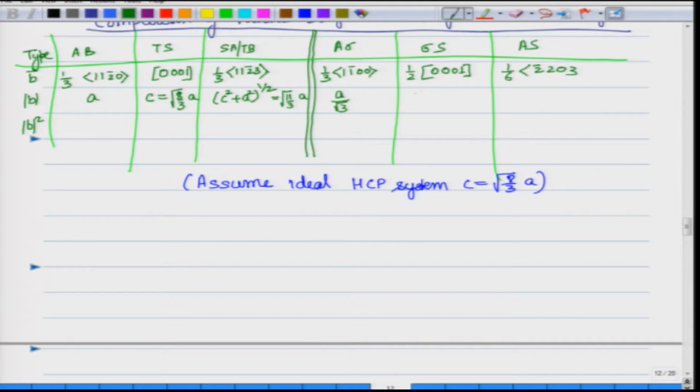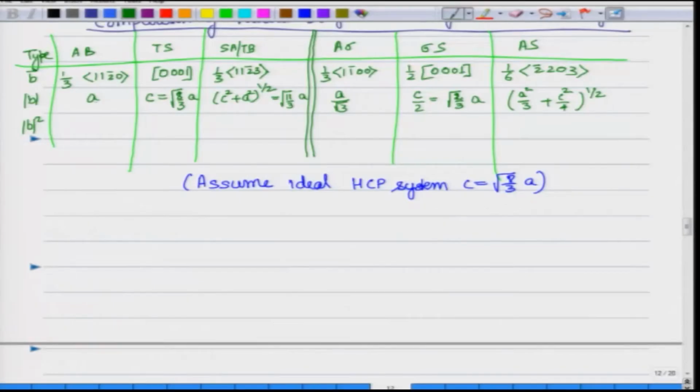This is again a partial Burgers vector, which is half of the C vector, C by 2, and therefore, you can write it as root 2 by 3 A. And this last one is not so easy to derive, but you will have to take my word for this, that this is A square by 3 plus C square by 4 to the power 1 by 2.